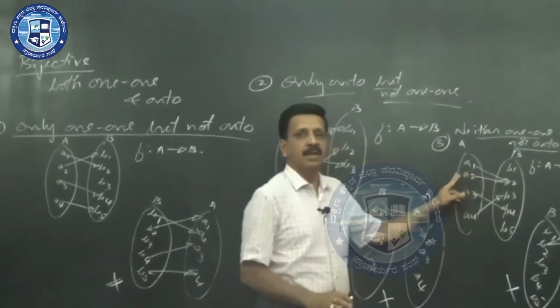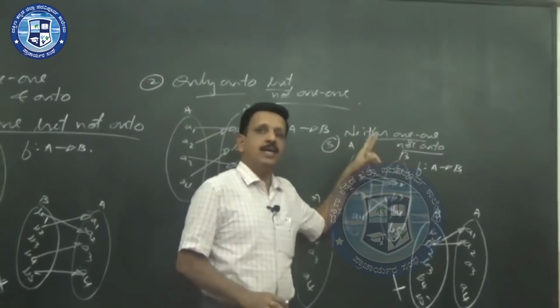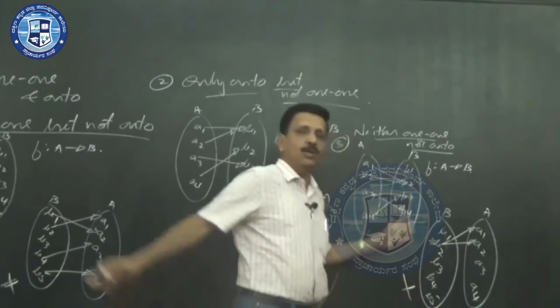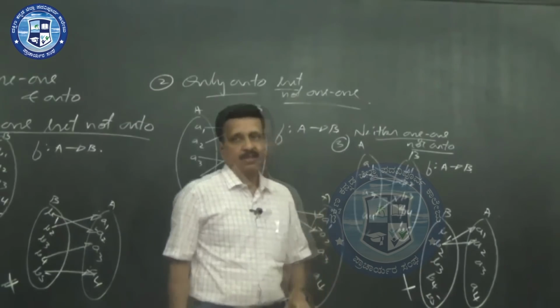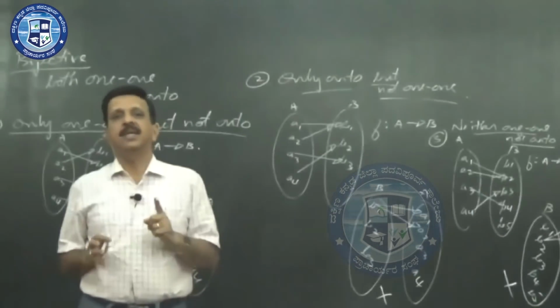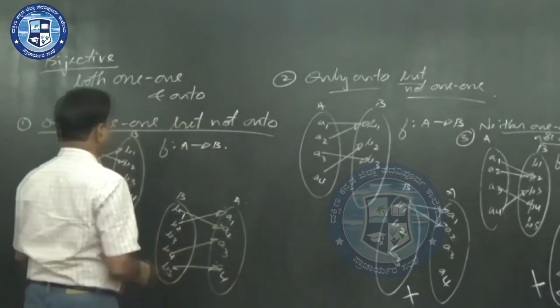Then the third example, a function which is neither 1-1 nor onto. I tried to write an inverse relation for that. I found that the inverse function is not defined at all even for a function which is neither 1-1 nor onto. So we are left with only one type of function, that is both 1-1 as well as onto. Let us see that case.